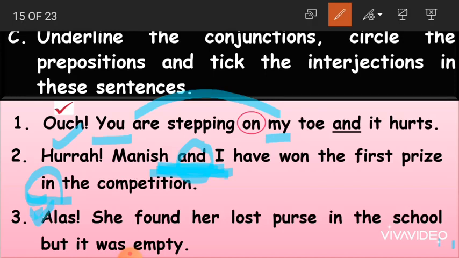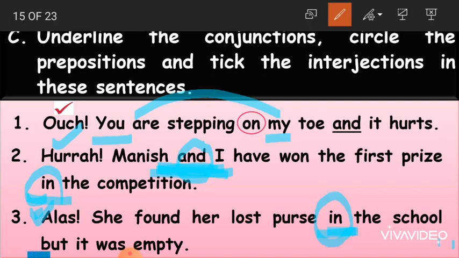Okay. She found her lost purse in the school, but it was empty. Here, what is the preposition? Yes, in the school. In, because it is telling something about the noun here. Where did she find the purse? In the school. And what is the joining word here?